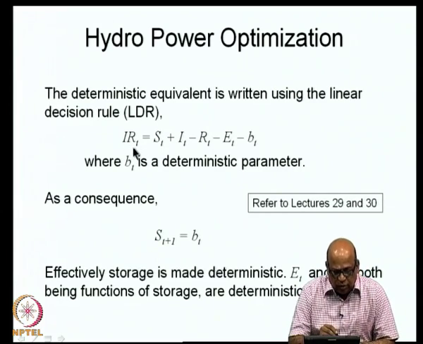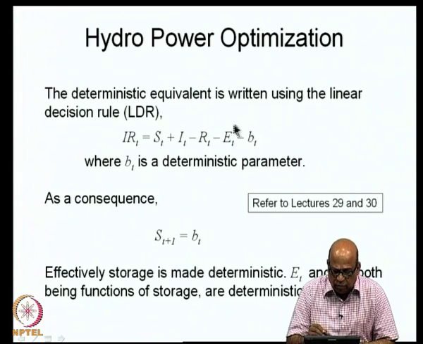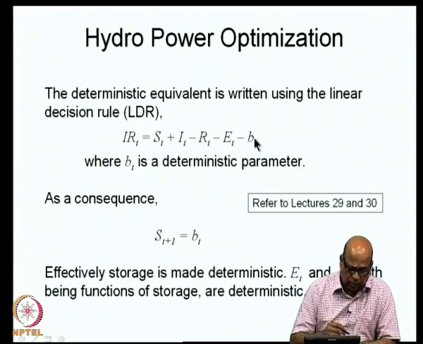So, the irrigation release we express as the total water that is available minus a decision parameter: S_t plus I_t minus R_t, which is the power release, which we take as deterministic, minus the evaporation, which we take as deterministic, minus B_t, where B_t is a decision parameter.